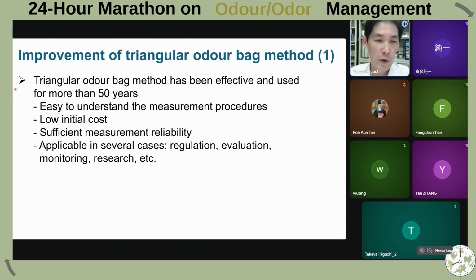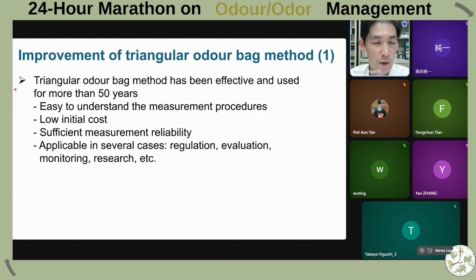For example, this method is adopted in the odor regulation in Japan, and this method is typically used for several kinds of evaluation, including the evaluation of odor control equipment and odor control techniques.